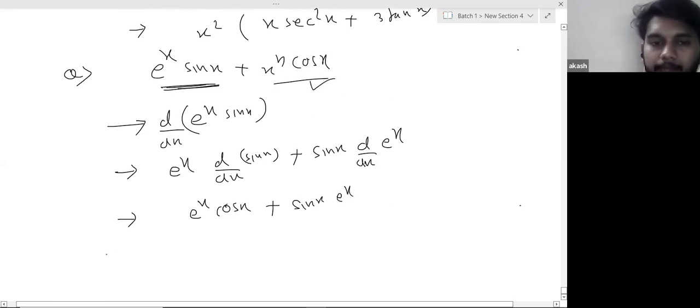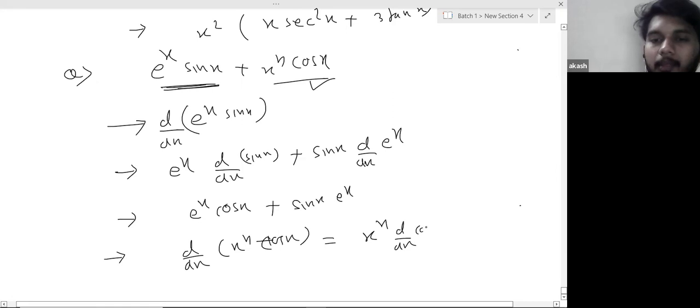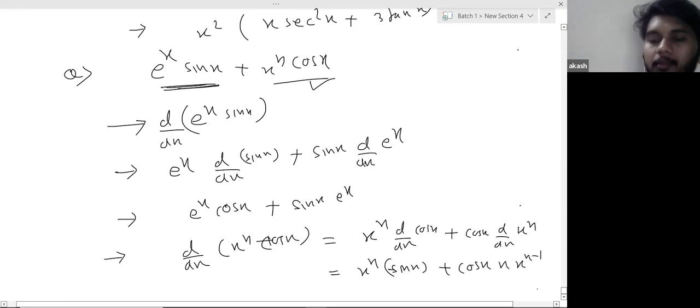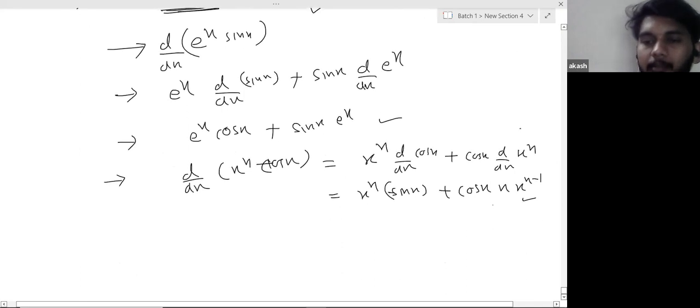Now differentiating this one, x raised to the power n cos x. So this is x raised to the power n, differentiation of cos x, plus cos x into differentiation of x raised to the power n. So this is x raised to the power n into minus sin x, plus cos x into n into x raised to the power n minus 1. Add these two and that will be your answer. Clear, Abdul?